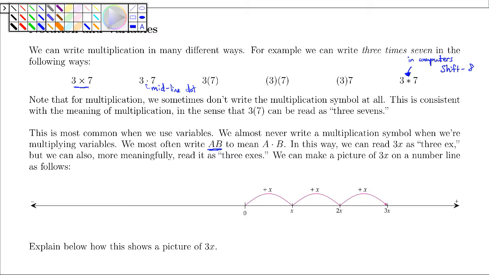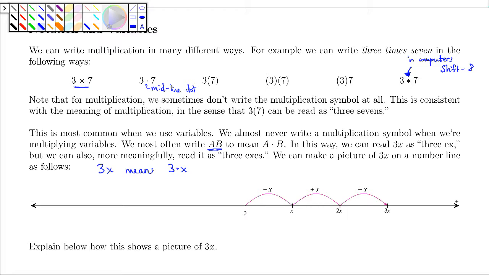And this is really helpful, because now if we look at 3x, I read it as 3x, and it is 3 times x, right? So if I just write those symbols next to each other, it means 3 times x. But 3 times x means adding up 3 copies of x, okay?